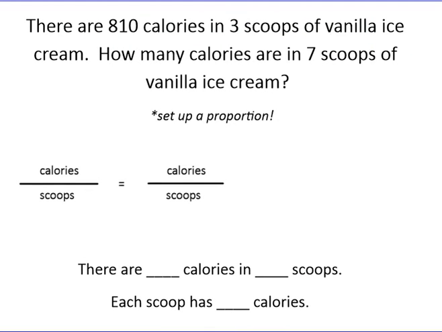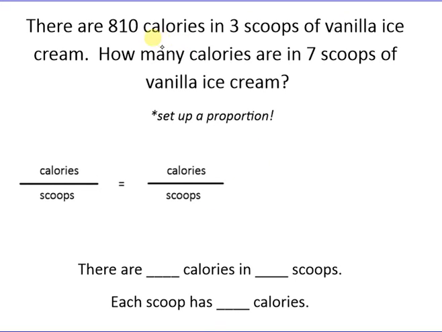All right, next question. Now you'll notice I took away the color coding here for you. There are 810 calories in 3 scoops of vanilla ice cream. How many calories are in 7 scoops of vanilla ice cream? So we need to go ahead and set up a proportion, but I still helped you out and kind of showed you how to set it up a little bit here.